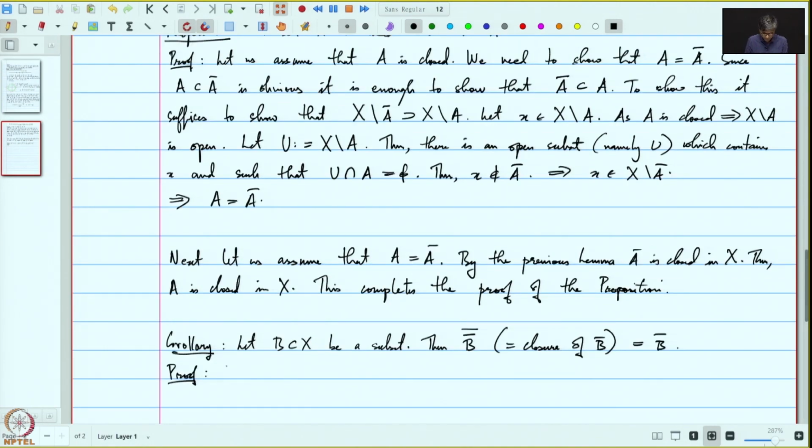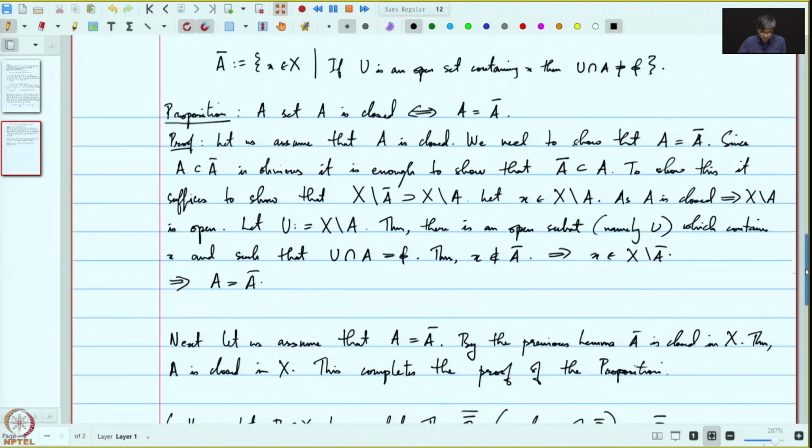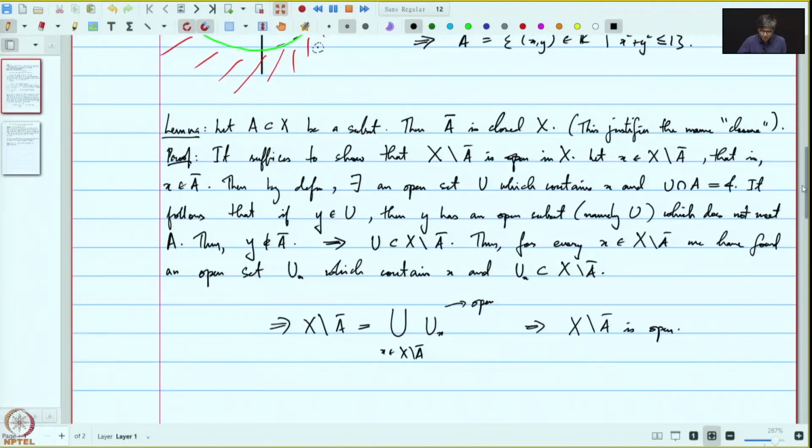Right. So from the lemma, so the lemma says that, this lemma over here, it says that no matter which subset we take, the closure is always closed in X, right?